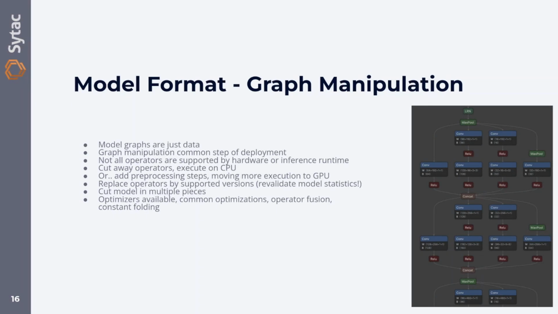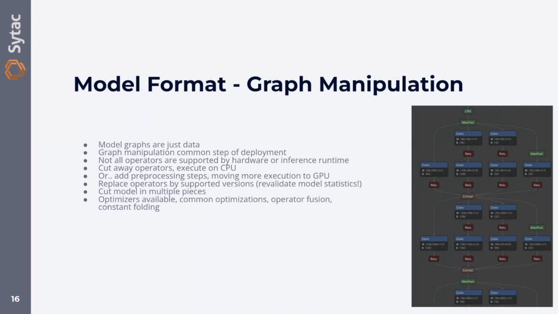You might find out that specific operators are not supported by your hardware. So a very common step is also to replace operators by supported versions. One thing I encountered, for example, I do computer vision, is that there was an operator that resized images, and there were very specific options that were not supported.